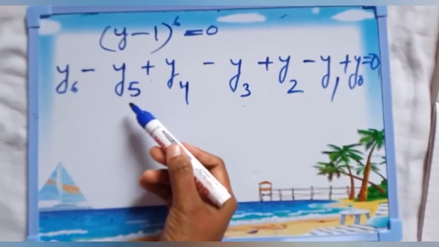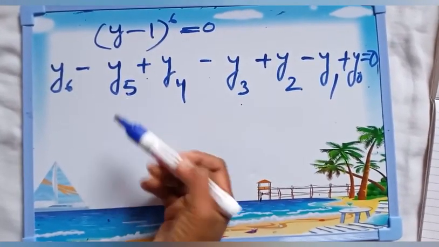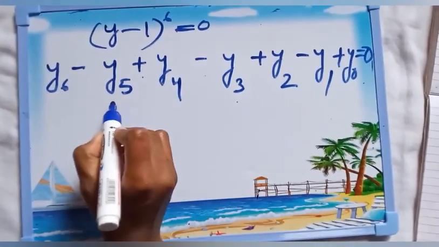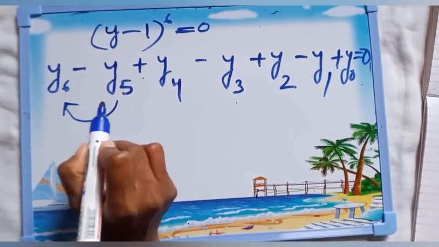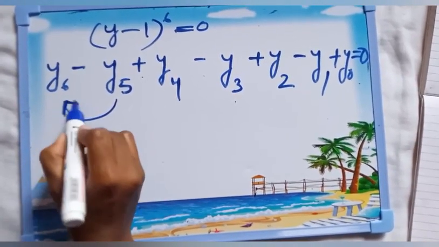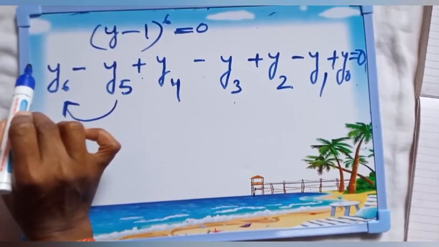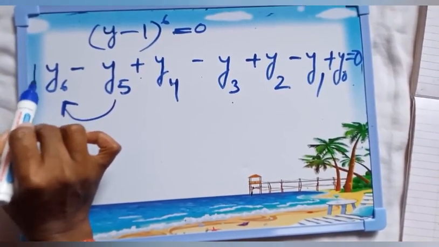To write the coefficient for y5, first we have to check the previous term. In that previous term we can see the previous coefficient is 1.